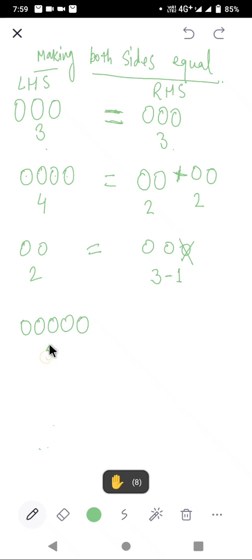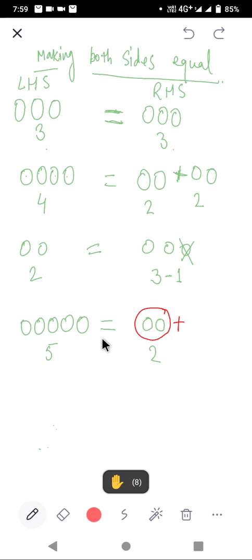Here we have 5 balls, and here we have 2. We have to make both the sides equal. On the right hand side also we have to take 5 balls in total, but we have only 2 on the left hand side. So what do we need to add?